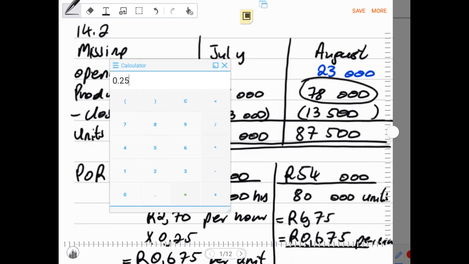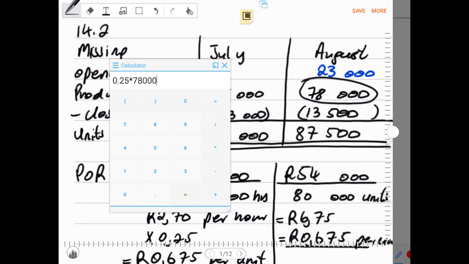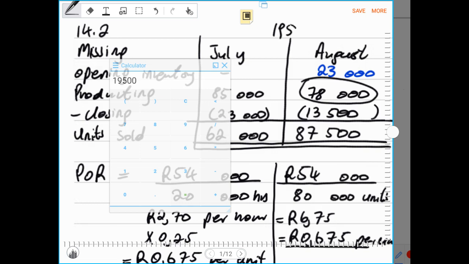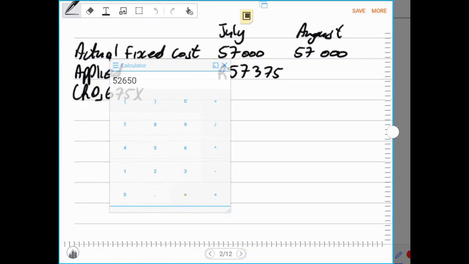Therefore 0.25 times 78,000 units will be 19,500 hours. That means it takes 19,500 hours to produce 78,000 units. Times this by 2.70, this will give us the same 52,650. So now you can see that things are honestly making sense.